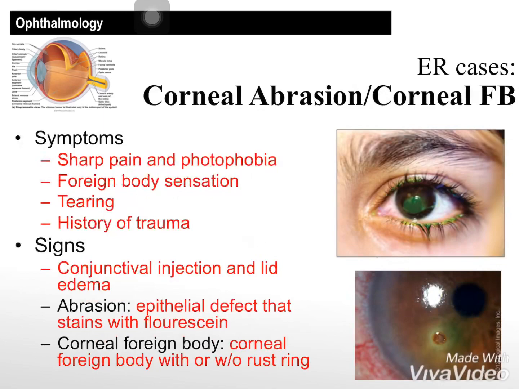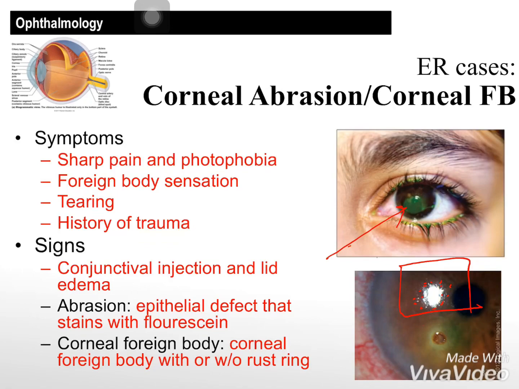However, if the light reflection on the cornea is granular, then you might suspect some distortion or some abrasion on the eye. This photo shows you the staining of the epithelialized corneal surface.